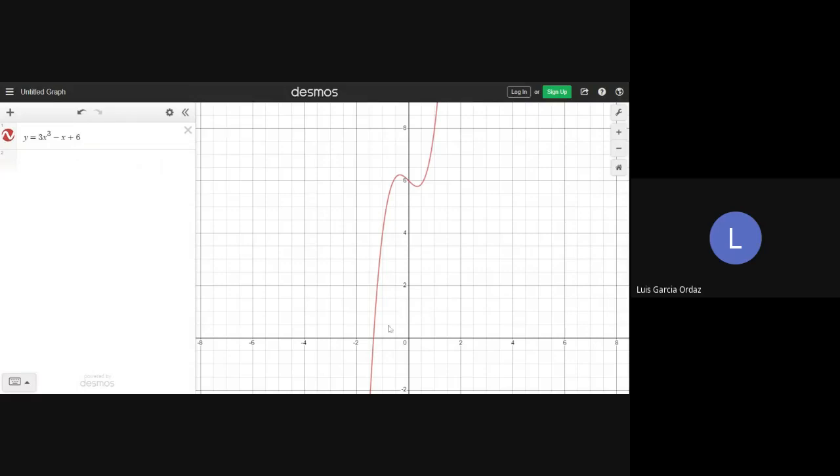One real root, approximately negative 1.318. That means when we're factoring, we're unable to factor it further. When we sub in negative 1.318 into x, it gives us 0. But because we have a bunch of decimals after that, we can't really solve for the other roots.